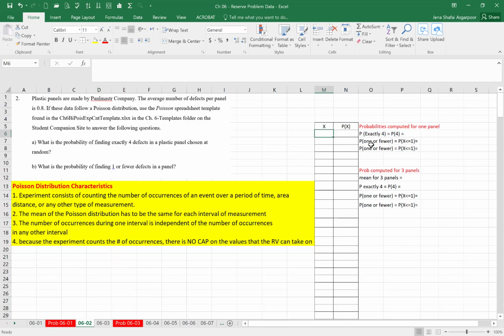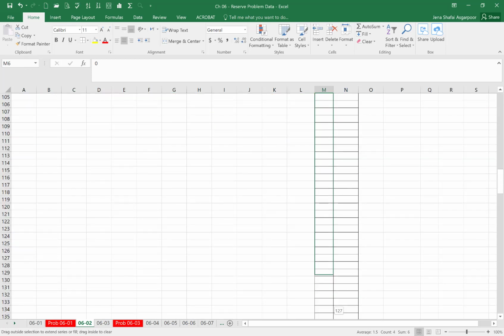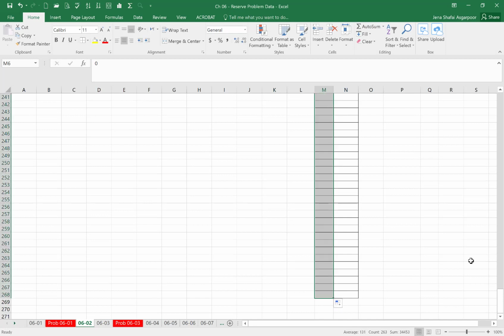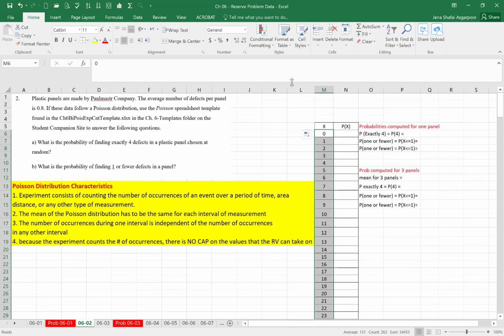So to solve this problem, we'll start with assigning values of 0, 1, 2, 3, and I'll just take it to as many. We won't end up needing all of these, but I'm taking it up to 26.